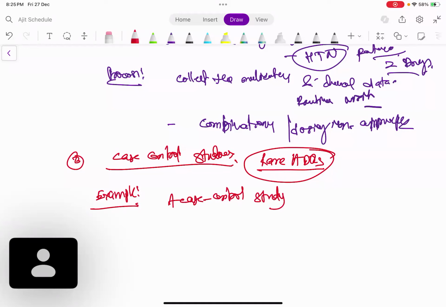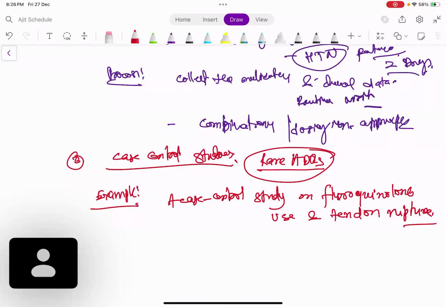Have you heard of this, guys, fluoroquinolone use and tendon rupture? Have you heard of this before? Fluoroquinolones usually cause tendon ruptures.